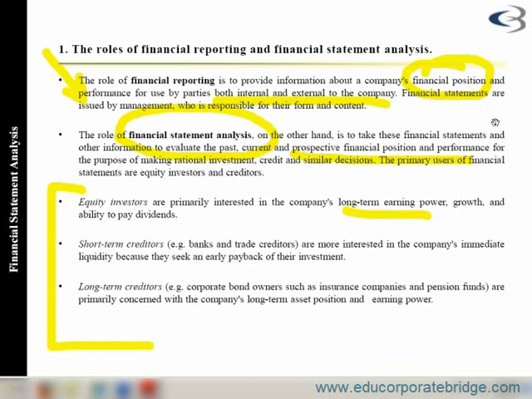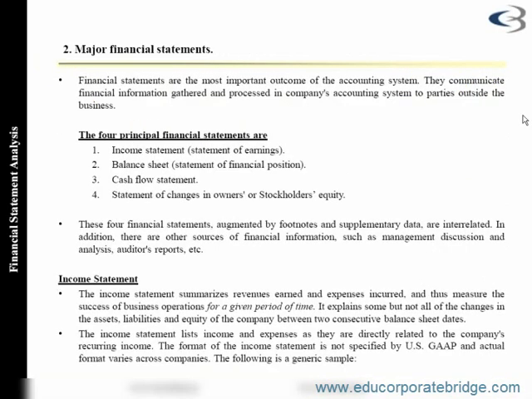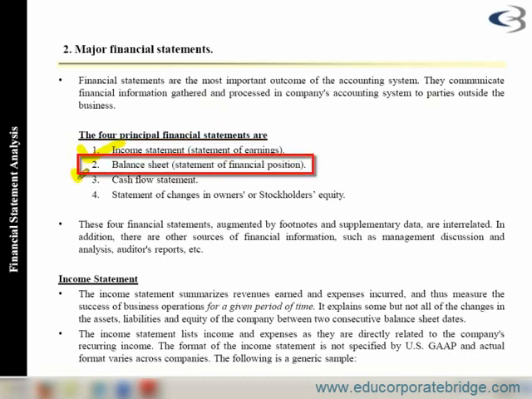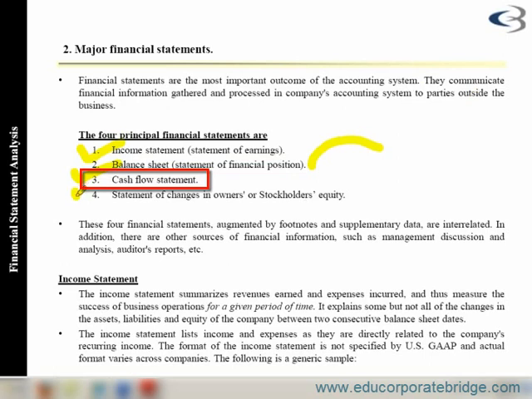There are 4 principal financial statements. If I'm running a business, an entity, first I'm supposed to understand what my income looks like. That is, the statement of earnings is very important. The second part is the balance sheet, that is, what exactly my financial position is, how many assets I own and what my liabilities look like. Then the cash flow statement, that is, where I'm getting cash from and where I'm putting my cash, the sources of cash and uses of cash.